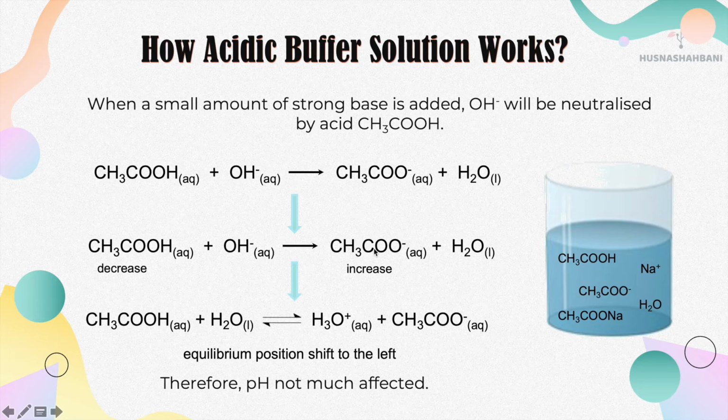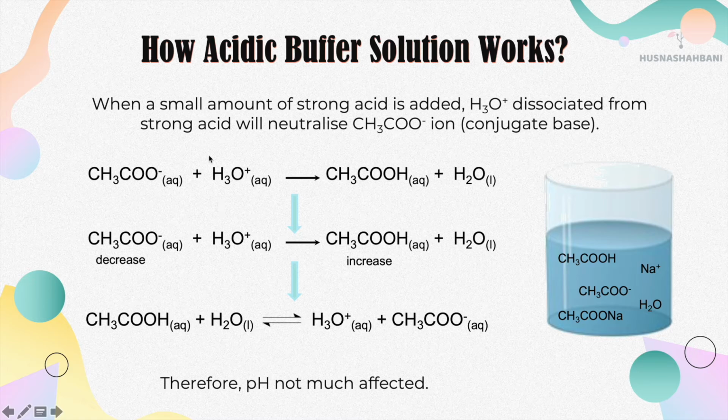This will convert itself, reacting with H3O+ and becoming CH3COOH again. So that's why the pH is not much affected, because when this increases, the equilibrium position shifts to the left and makes more CH3COOH again. So that's how an acidic buffer solution works when you add strong base.